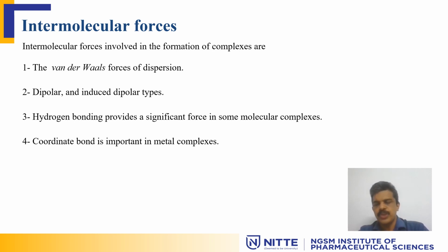So the complexes can be classified mainly into three types: metal complexes, organic molecular complexes, and inclusion complexes. Inclusion complexes are also called occlusion complexes. They are created based on the interaction between host molecules and guest molecules.